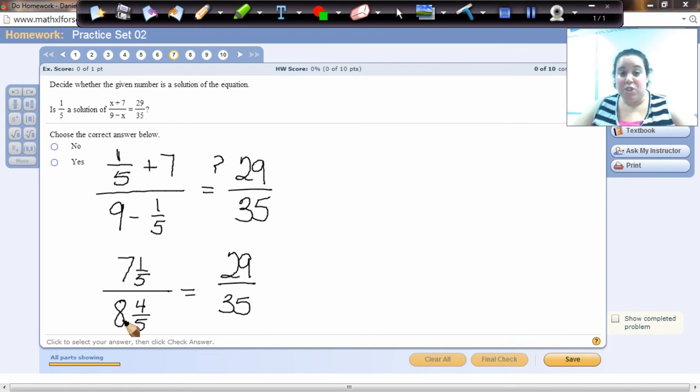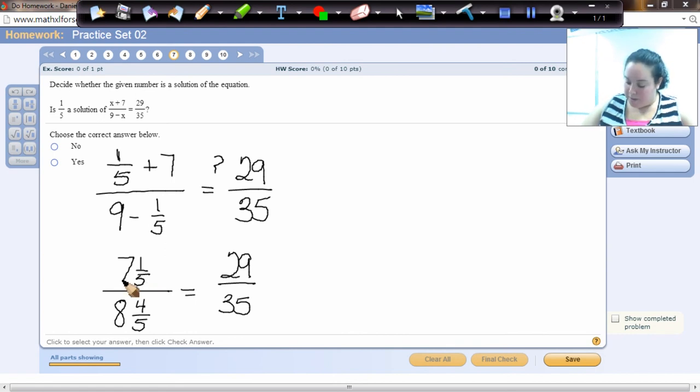You can use proportions, you can cross multiply. I'm going to go ahead and simplify these complex fractions. So we have mixed numbers inside of another fraction. Let's go ahead and make this into a simplified fraction. So first of all, improper.